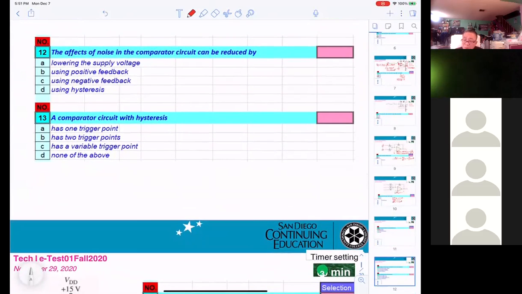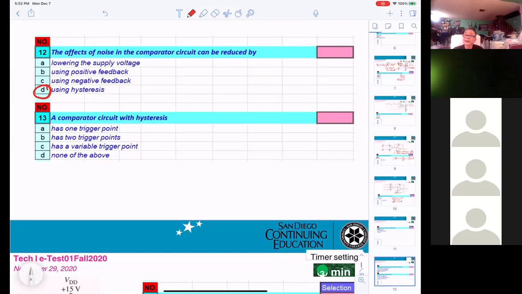Number 12, D. Also A, got D. This you need to look into the handout for comparator. They're using the hysteresis.